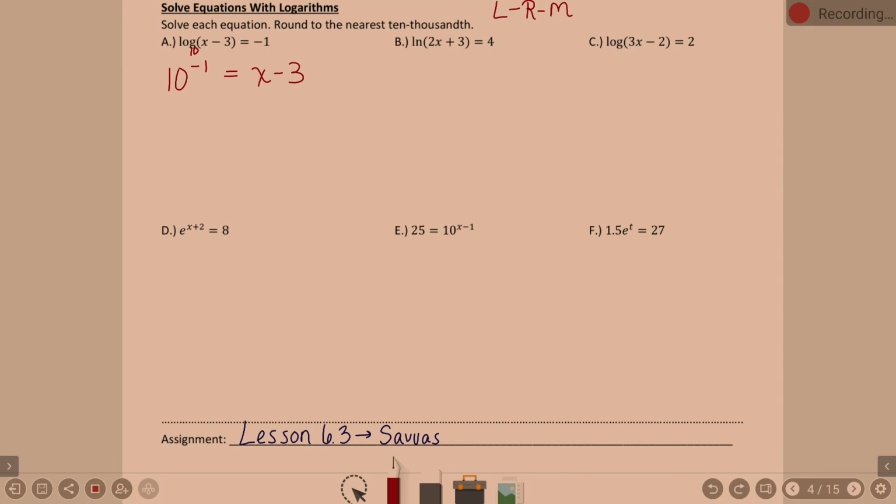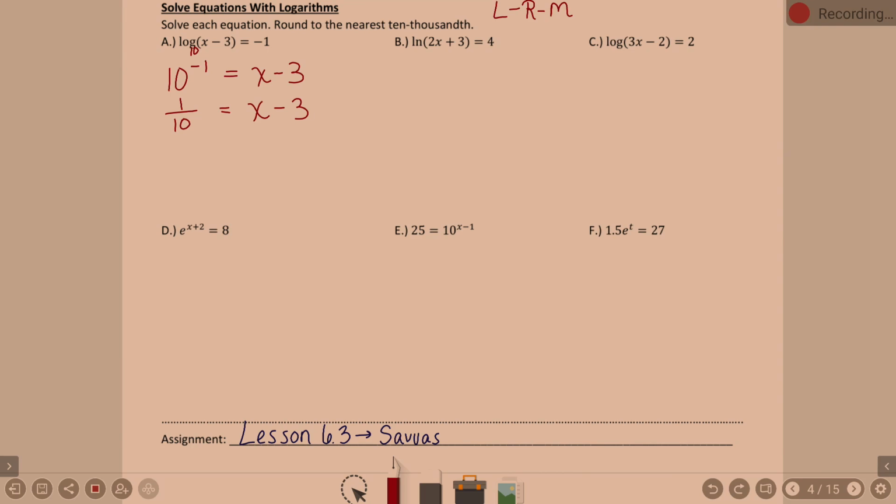Okay, it's 1 over 10, because to make that exponent positive, it's 1 over 10. Some of you used your calculators, didn't you? What is 10 to the negative first according to your calculator? 0.1, which is 1/10, yes? Whether you have a decimal or a fraction at this point, I don't care. Okay, how do we solve for x?